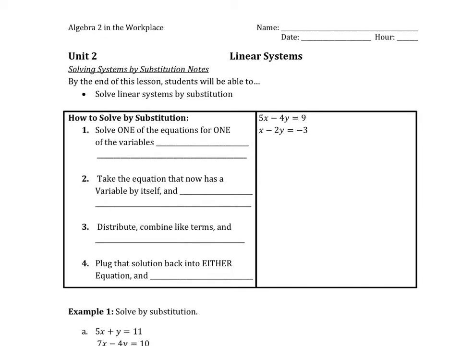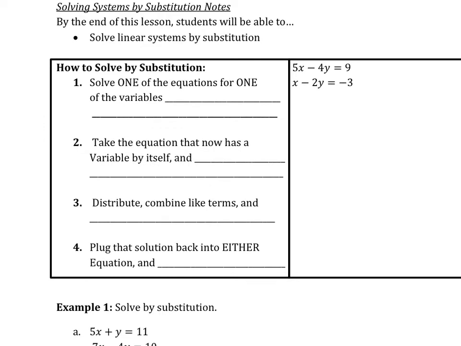The first thing you want to do is solve one of the equations for one of the variables. It doesn't matter which variable, just go with whatever one is easiest to get by itself.